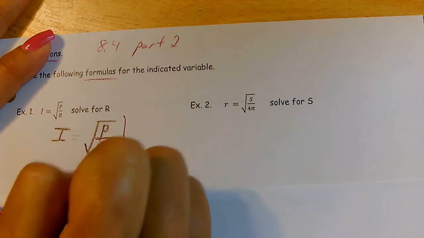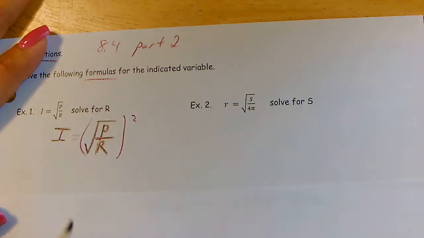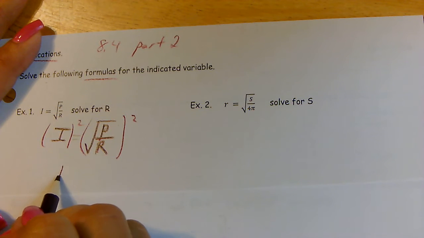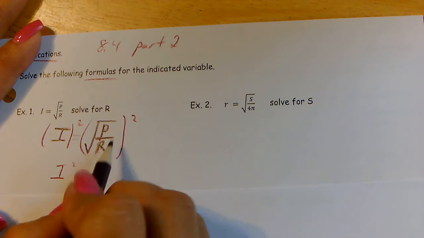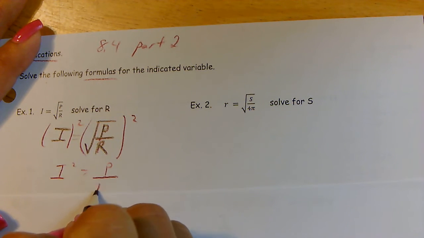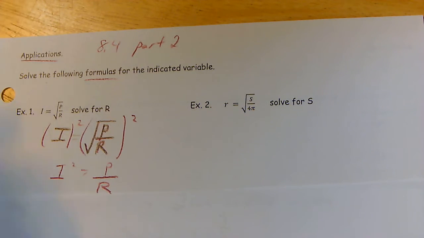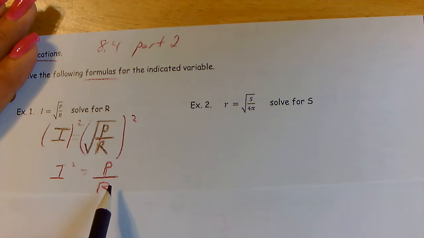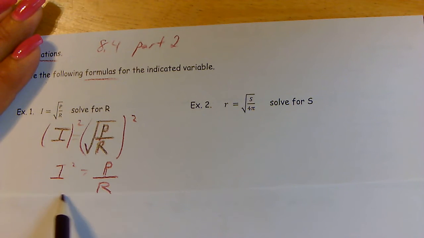Our radical is isolated, so I'm going to square both sides to get rid of it. So I squared equals p over r. So I need to clear my denominators.